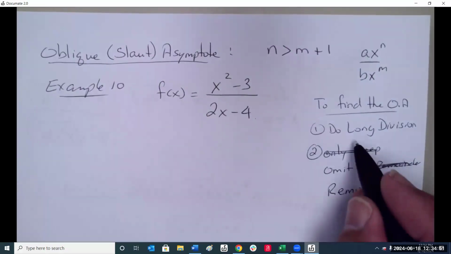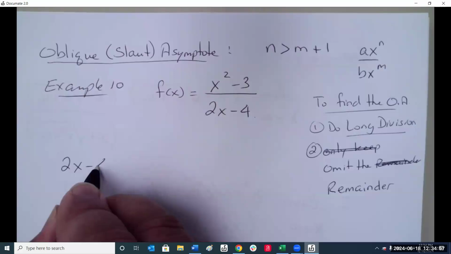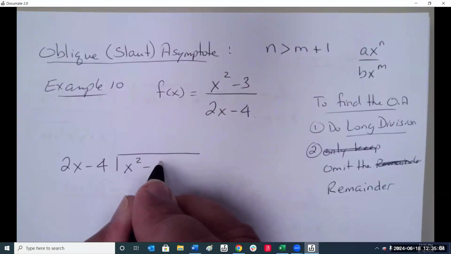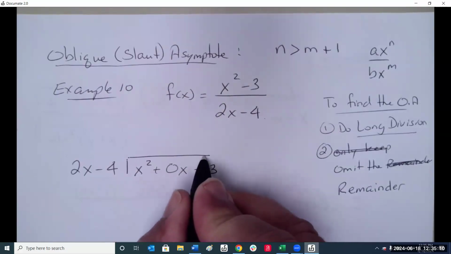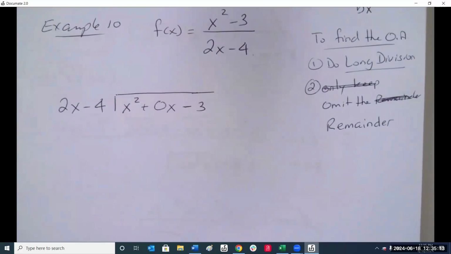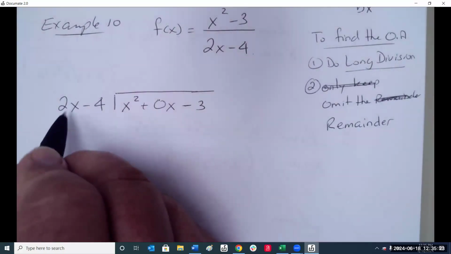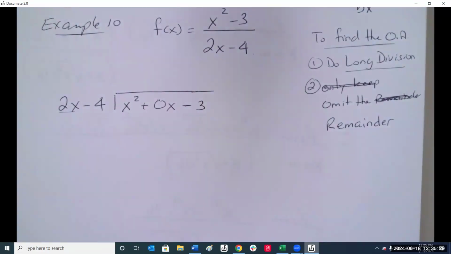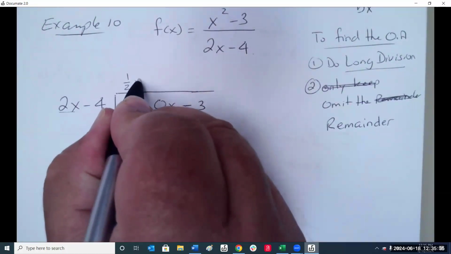So let's look at what this means. Long division. Again, back to your algebra days. So we have 2x minus 4 goes into x squared plus 0x minus 3. You have to make sure all of the columns are allocated. What times 2x gives us x squared? One half x.